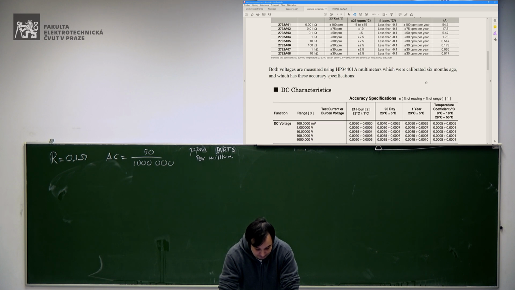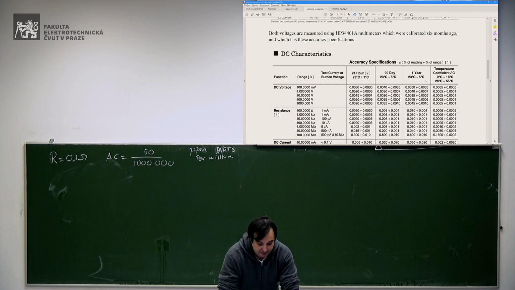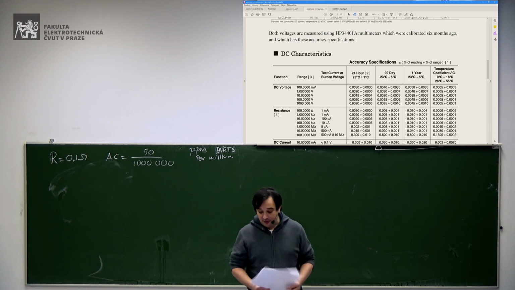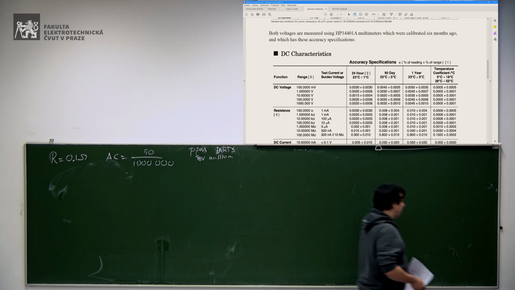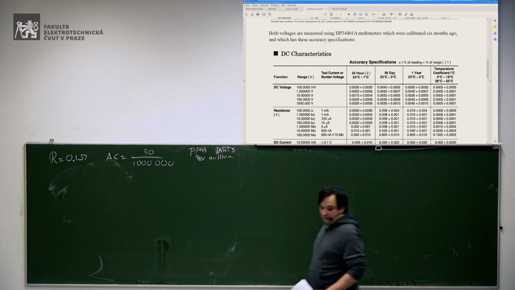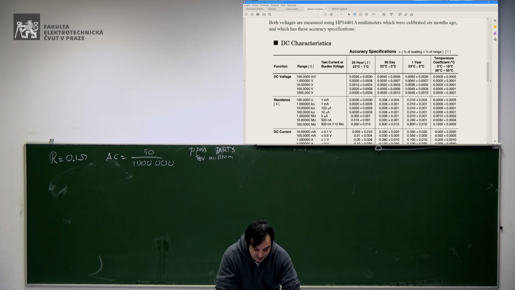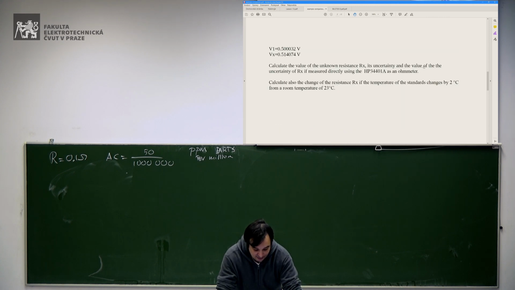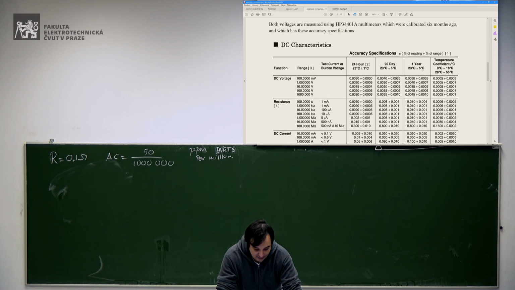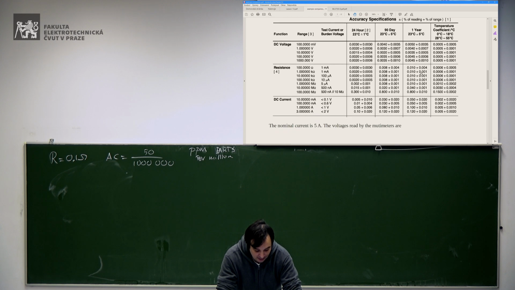Both voltages, sorry, are measured using 2 HP voltmeters. Okay. And these are the accuracy specifications of the HP 34401A multimeter.